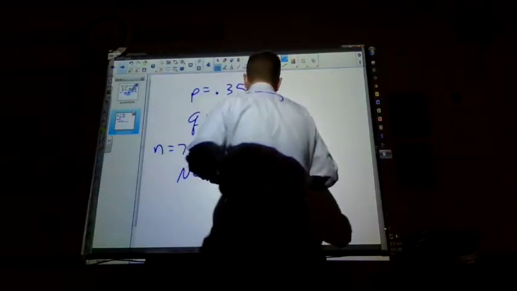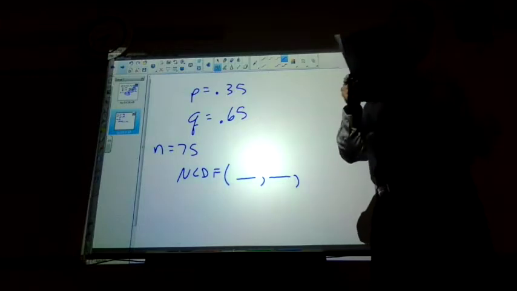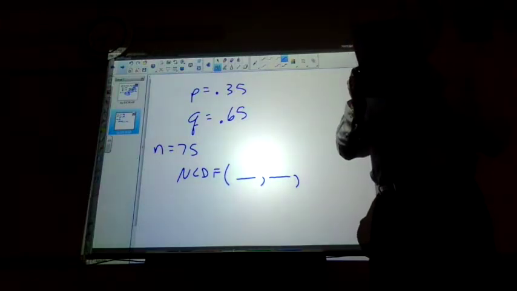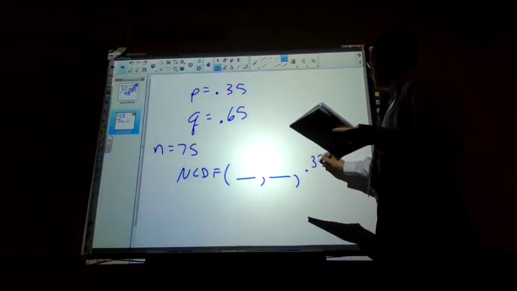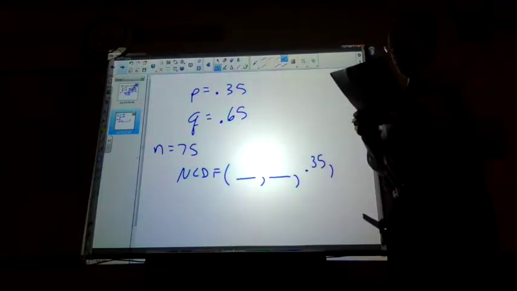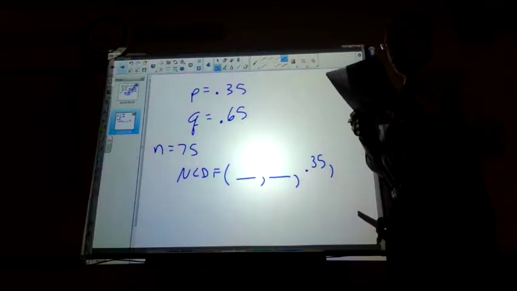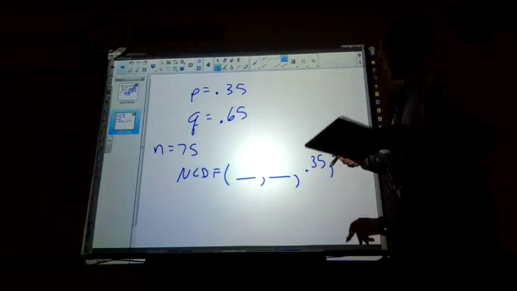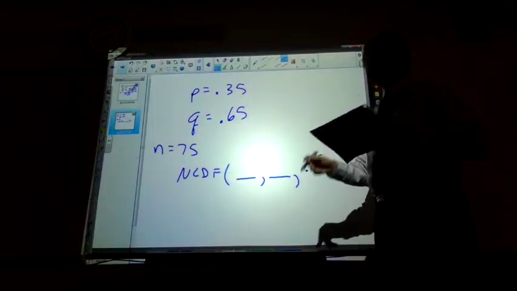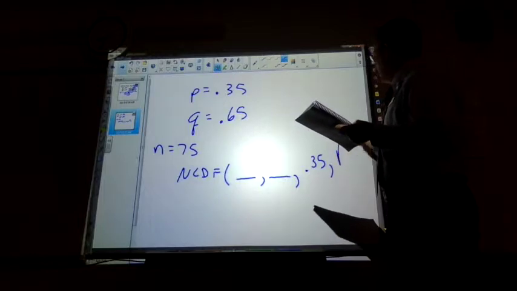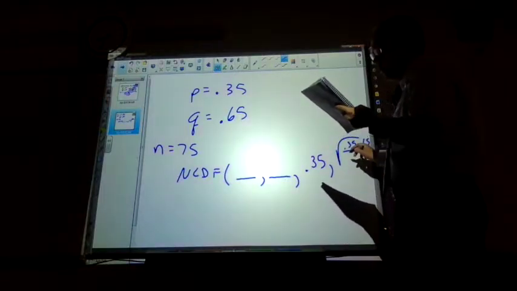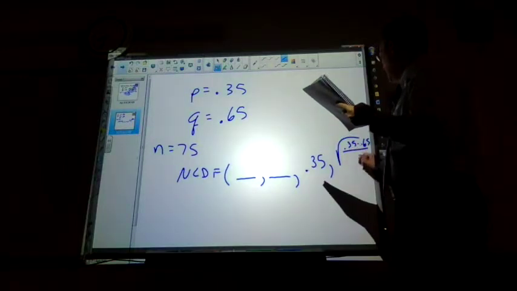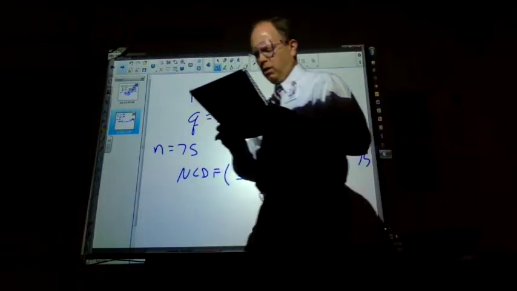Let's figure out what those are. The mean, the athletic director believes 35% have the D or F, so that's, wait. Oh, okay. Yeah, that's what I was trying to think. So if we were to do this, it would be this over 75. Why is it not going to work?